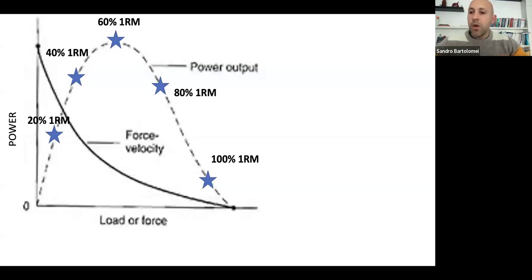Okay, that is very important because based upon the load that we use during a power training session, we may stimulate specific adaptation. You remember, adaptation is always something that respects the rule of specificity. So the rule of specificity says that if you work out at a specific angle, then most of the improvement in force or power may be obtained at that angle.